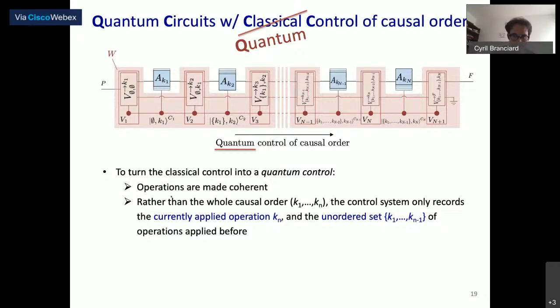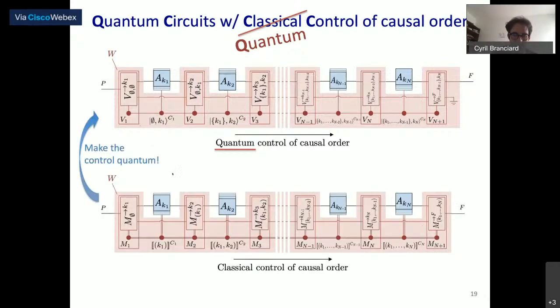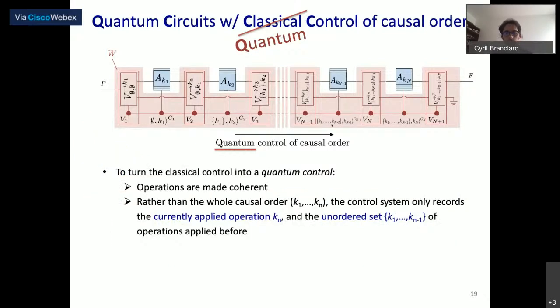And now what's important is that this control, which before was encoding the whole causal order that was being established as the circuit was being used, now only records which operations have been applied already, but not their order. So here we only record with this control the unordered set of which operations have been applied before.